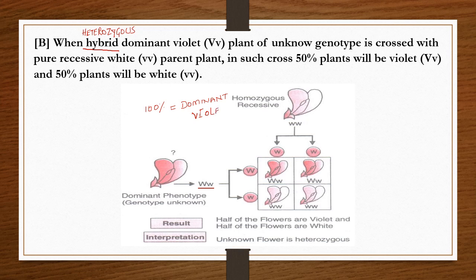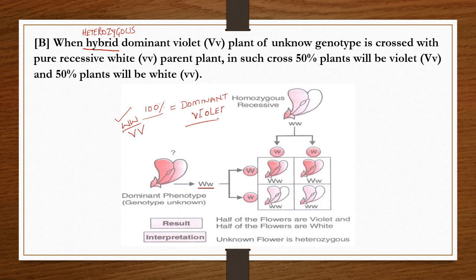It is the dominant one. So if all the individuals are violet, then the unknown individual has the dominant character. That means the genotype is capital W, capital W, or maybe capital V, capital V.